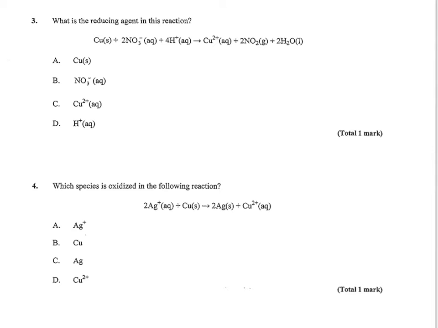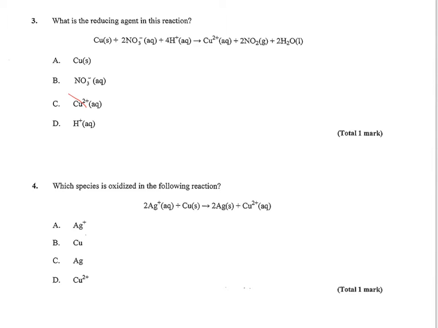Number 3 says, what is the reducing agent in this reaction? So what you're really looking for is what species is being oxidized. Now remember, it'd have to be something from the reactant side. So Cu2+ is a product. The other 3 are all reactants, but Cu2+ we can eliminate right away because it is one of the products.